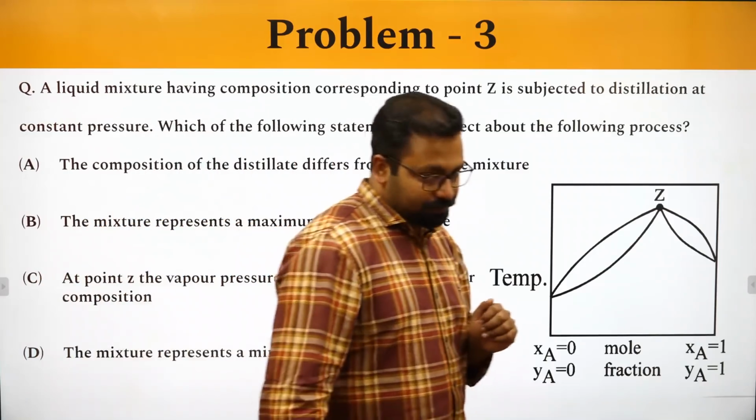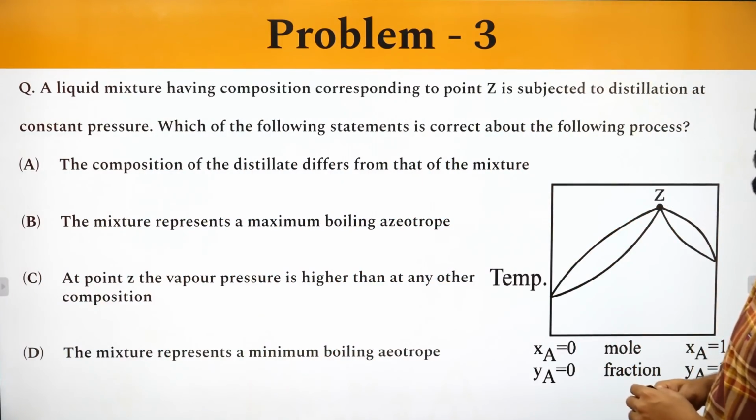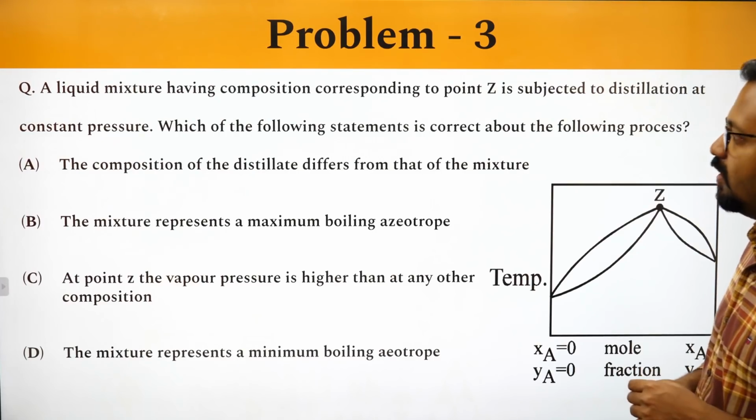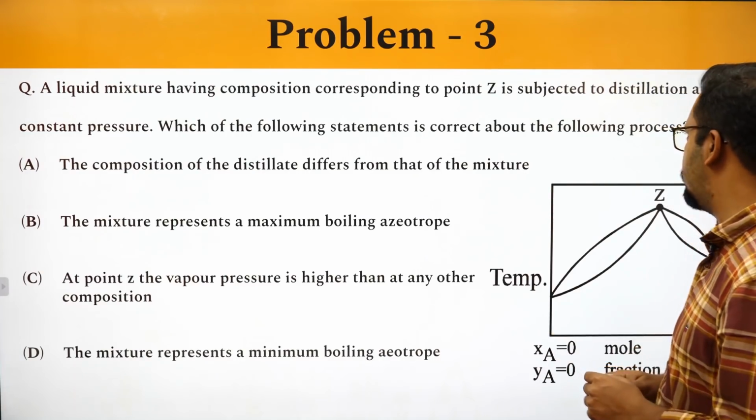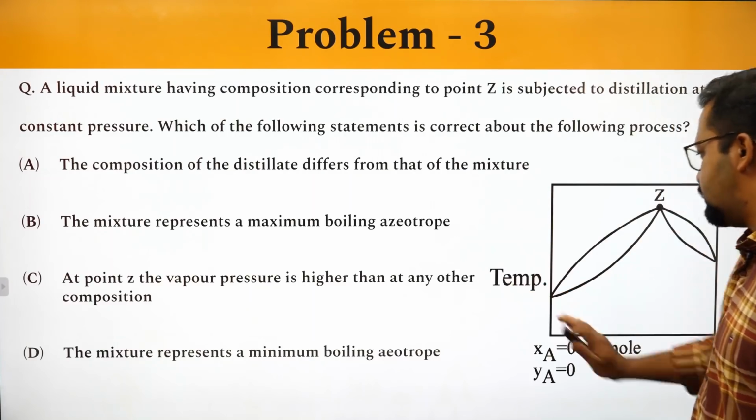Let's read the question first. A liquid mixture having composition corresponding to point Z is subjected to distillation at constant pressure. Which of the following statements is correct about the following process? Now, to analyze this, let's take this temperature.